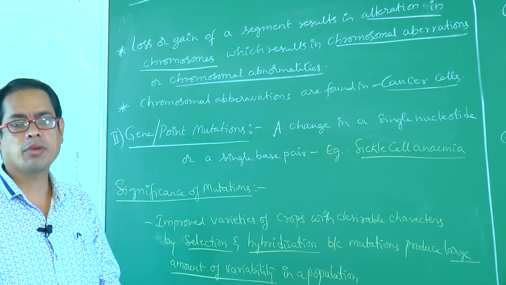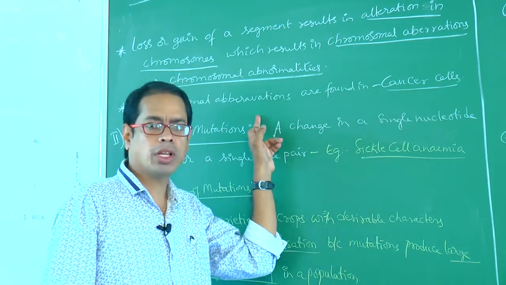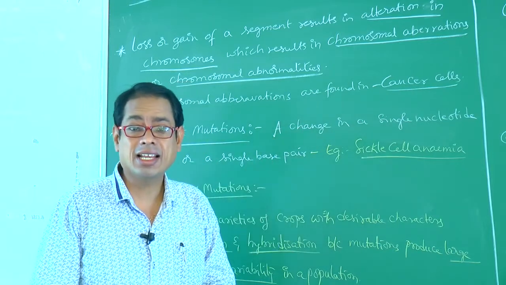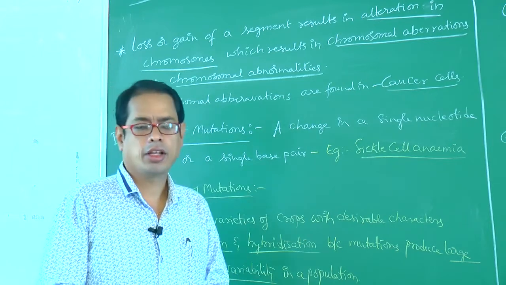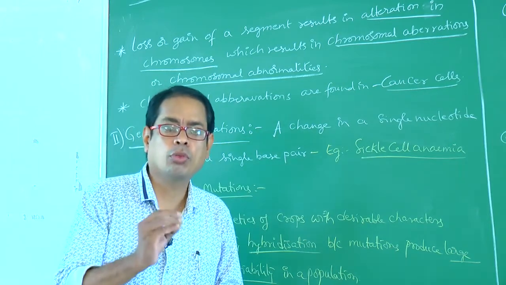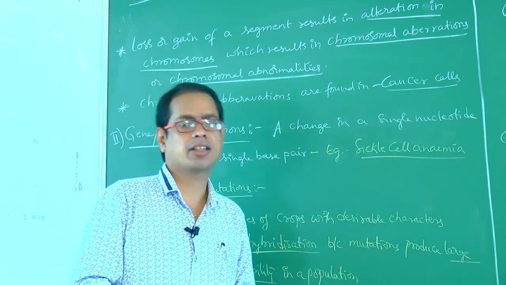Cancer cells are examples of chromosomal aberrations. Sickle cell is an example for gene or point mutations. Right. What is the example of chromosomal aberrations? Cancer cells or cancerous cells.